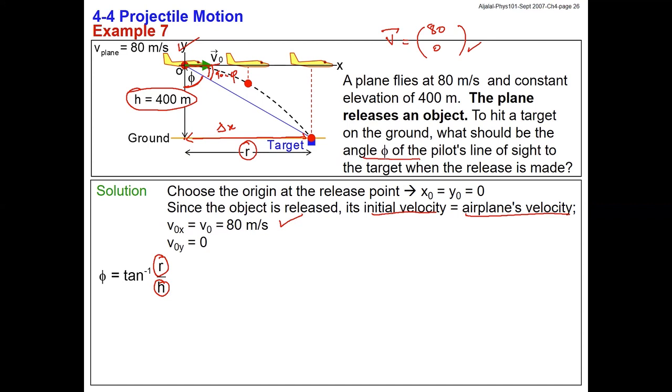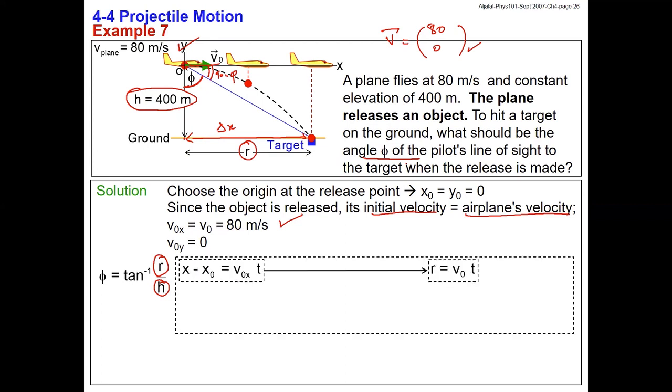Now let's get r. How will I do it? I will use the projectile equations. This is the first equation that you know. x minus x naught for a projectile is v naught x t. And y minus y naught is equal to v naught y t minus half g t squared. Of course, v naught y is 0.